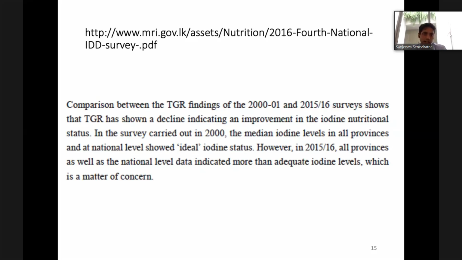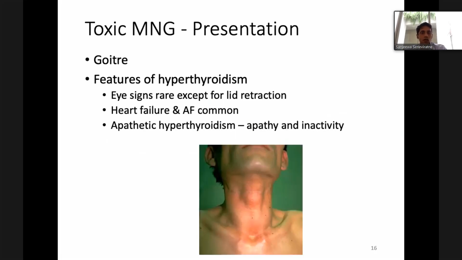But it is not proven, that is just a hypothesis only. What we know, based on the evidence, is that we have more iodine than we need. So there is no iodine deficiency whatsoever in any part of the country. Some people still believe in Kalutara and Ratnapura there is iodine deficiency. No. Over the last 20-25 years, we have been using iodized salt. Therefore, there is no iodine deficiency in Sri Lanka whatsoever.